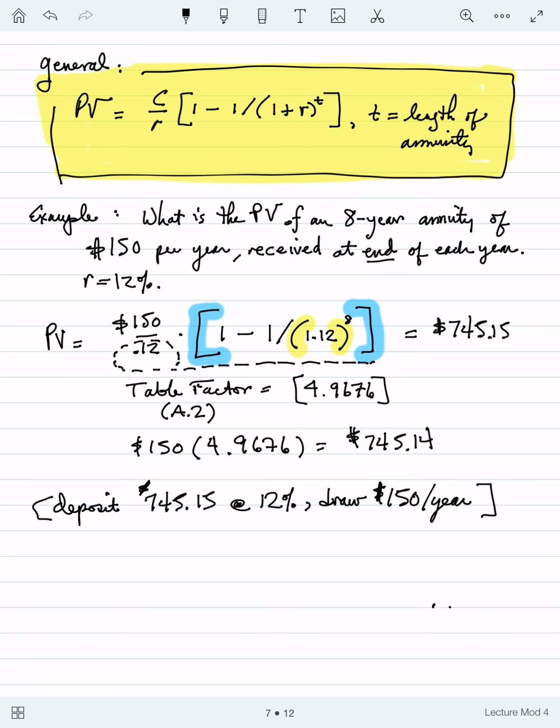And once you did that, you would have a zero balance in your account. You should check that and see if you can calculate that.